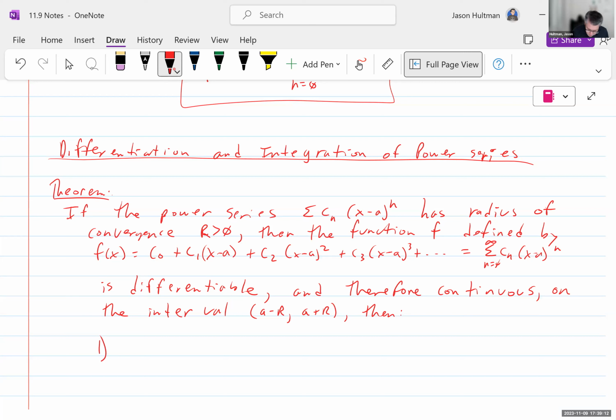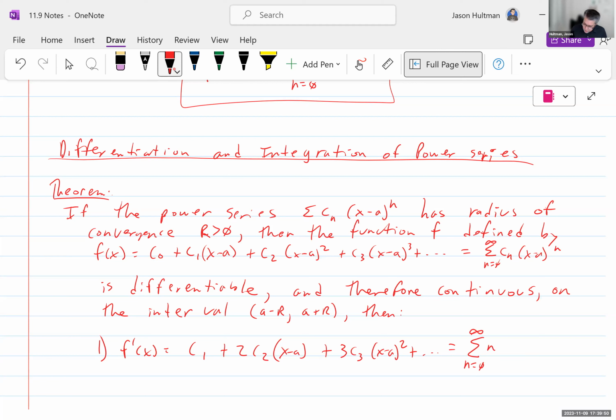Okay, and so f prime of x is going to be equal to c1, plus 2c2 times (x minus a), plus 3c3 times (x minus a) squared, plus dot dot dot, which is equal to the summation as n equals 0 to infinity of n.